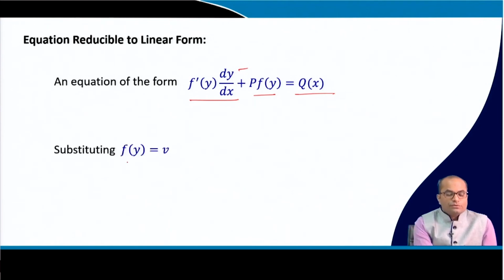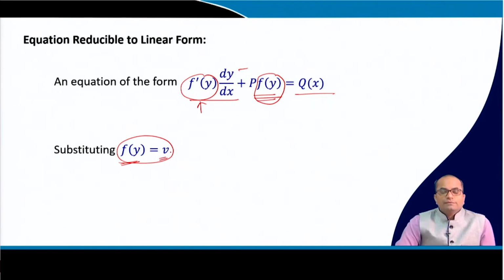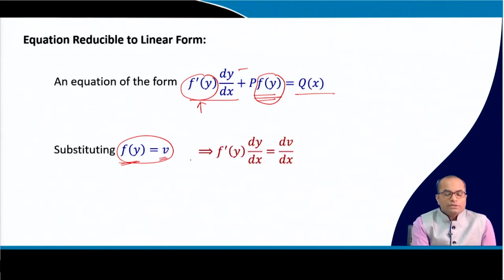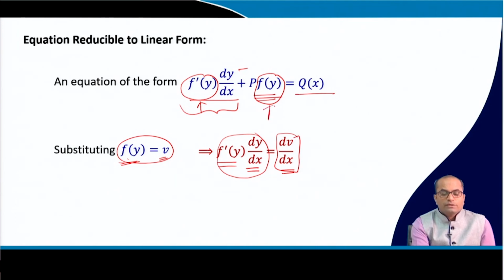So, if we substitute here f y is equal to v, this function f y whose derivative is sitting here in front, if we set this function as v, then what will happen? Here f prime y dy dx is equal to dv over dx, and this first term of the equation will reduce to dv over dx, and here also we will get v.